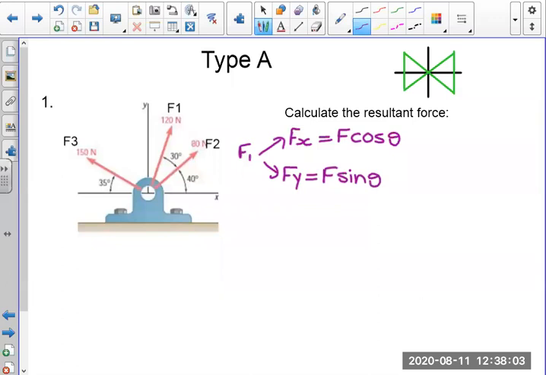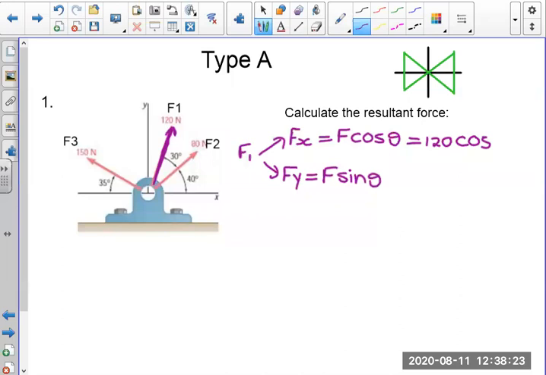So if I look at F1, let's make this one purple there. The force that I have is 120 newtons. So I'm going to put in 120 cos, and it's important that the angle I put in here must be the angle.